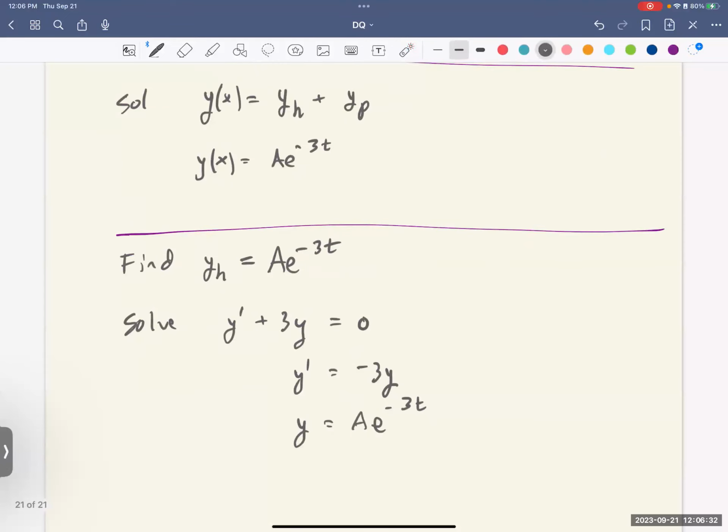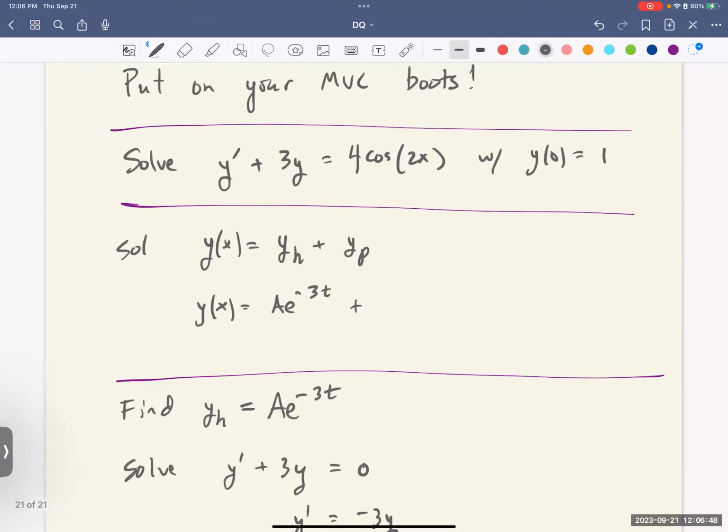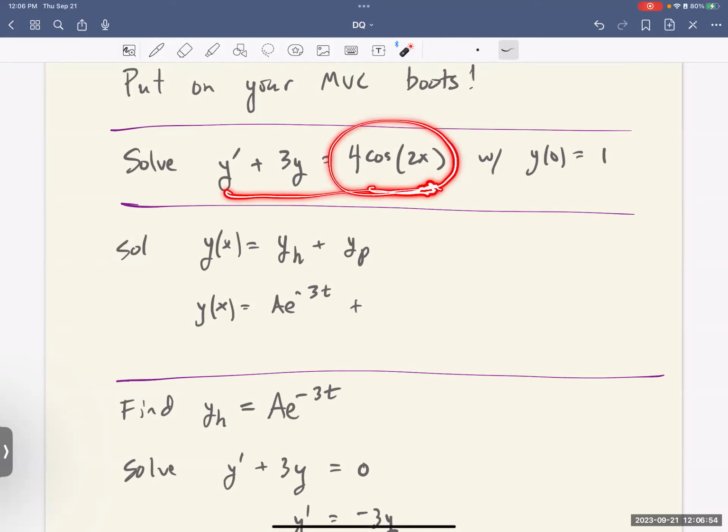Now we need to find y sub p. Find y sub p, and you pick a y sub p based on the form of the right-hand side. And what we mean is, what's a possible solution, or what would a solution look like that solves this equation? For example, could y be a constant?